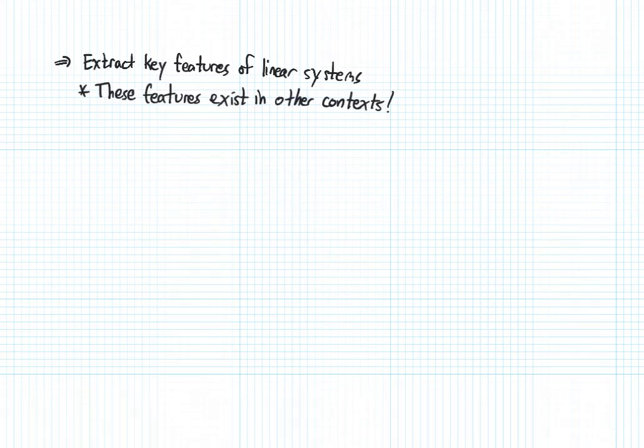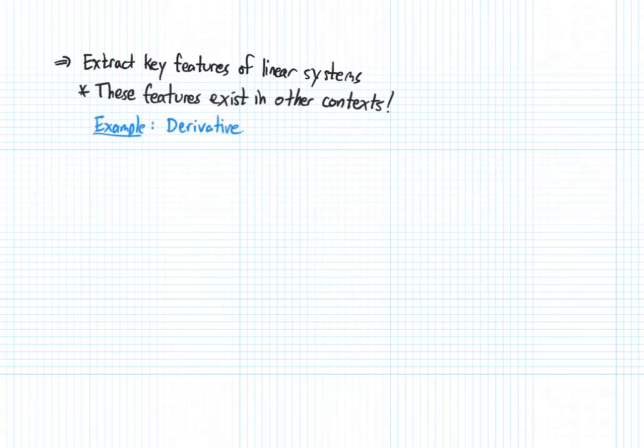And then we recognize that these features actually exist in a lot of different other contexts. And it would be impossible for me to describe in a couple of seconds all the different contexts where it would appear, but let me just give you one simple example, and that's the derivative.